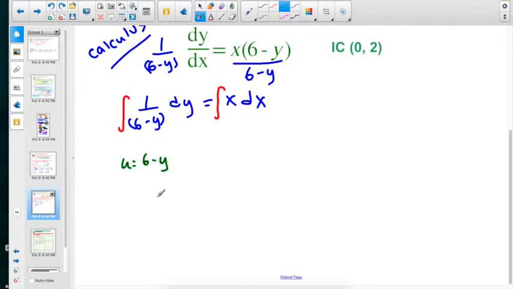Then du/dy equals minus 1, right? The derivative of this is minus 1. And so we end up with du equals minus 1 dy. We need to substitute out just a dy. So minus 1 du equals dy.